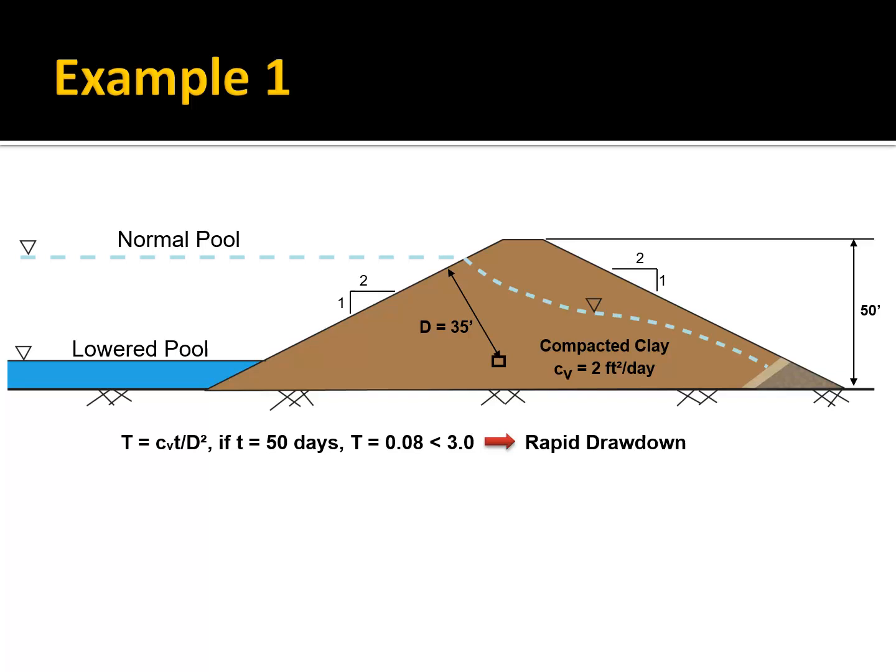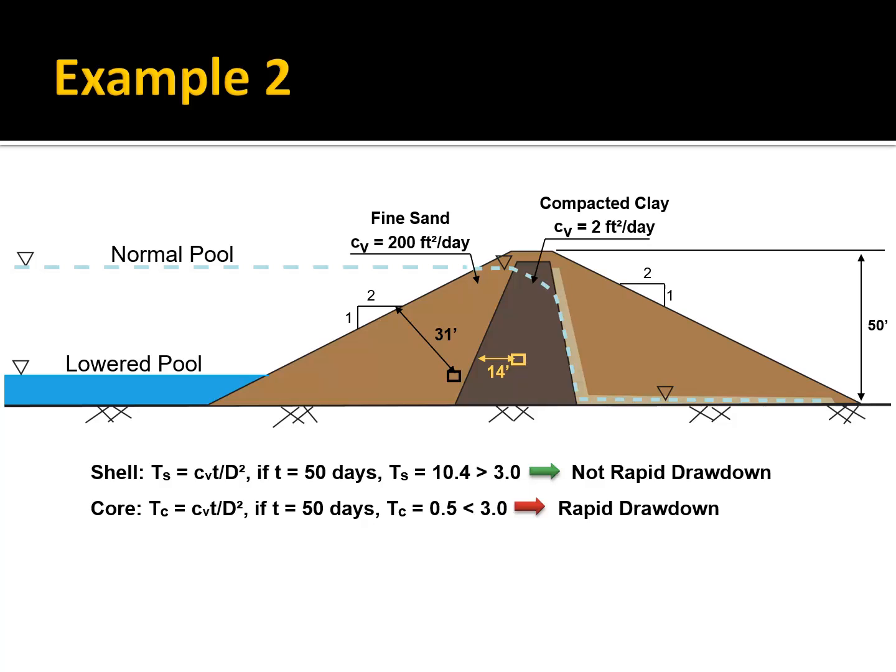So notice that 50 days might seem like a long time. Almost 2 months. That's still rapid enough that the soil would not have time to drain, and so it would be saturated, and it would be shearing under undrained conditions, and therefore we would need to analyze it as a rapid drawdown case.